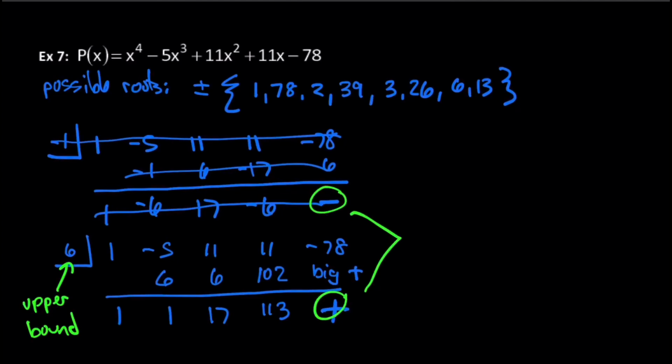Since I tried -1 synthetically, and I got a negative remainder, and I tried +6 synthetically, and I got a positive remainder, there's got to be at least one root between -1 and 6. All right, so let's try 3.